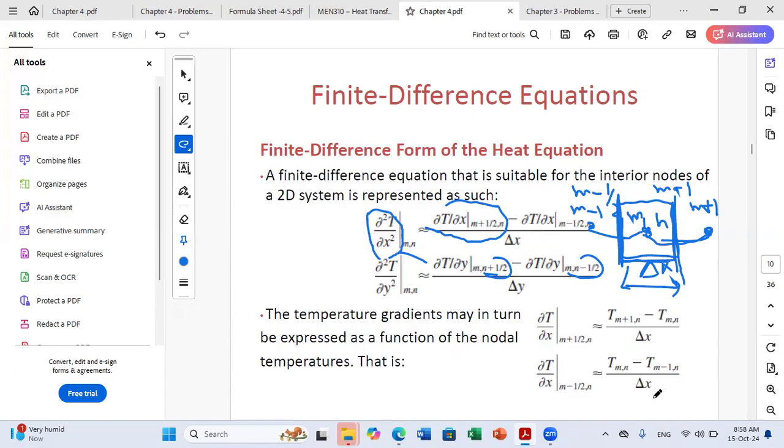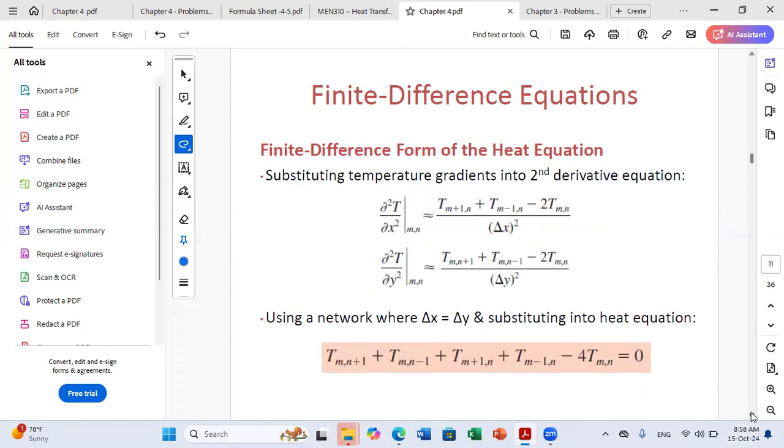If you replace now these by their expressions, you end up with the following relation for the second derivative of T with respect to x. It can be approximated as T m plus 1 n plus T m minus 1 n minus 2 T m n, over delta x squared.